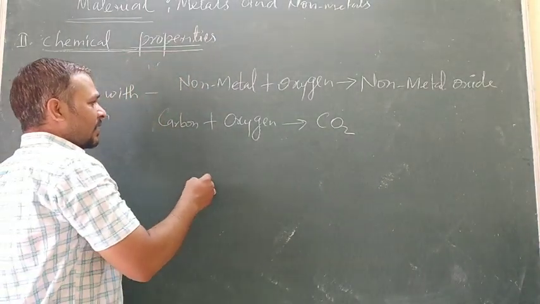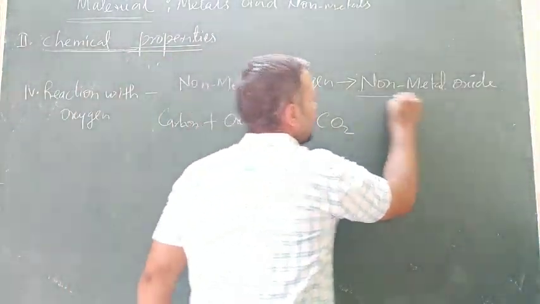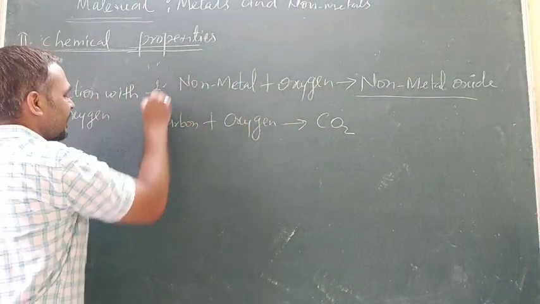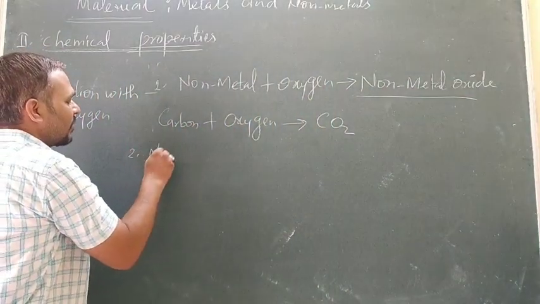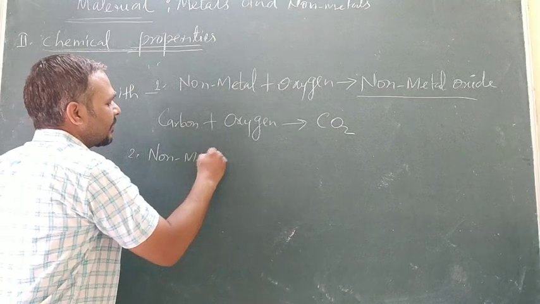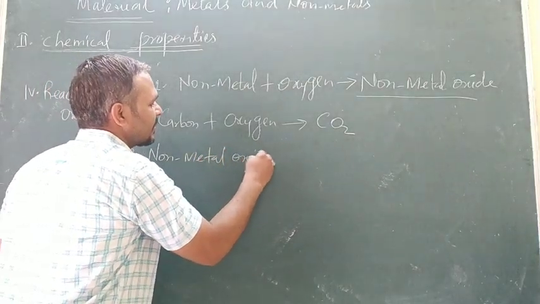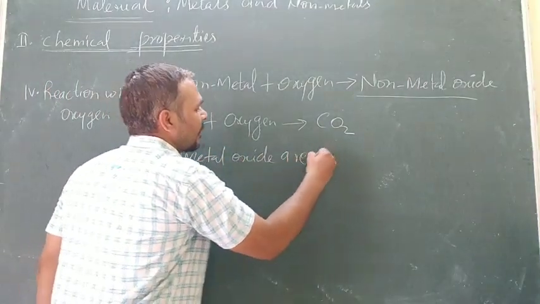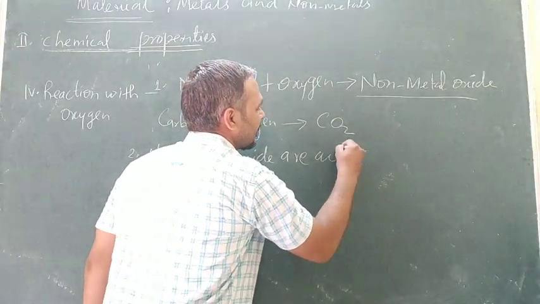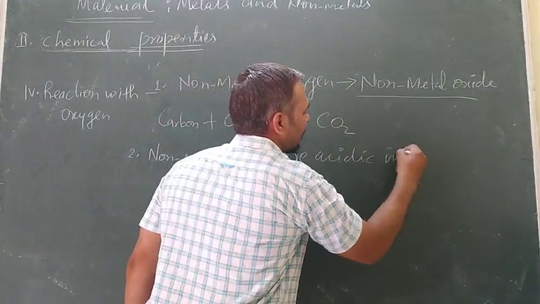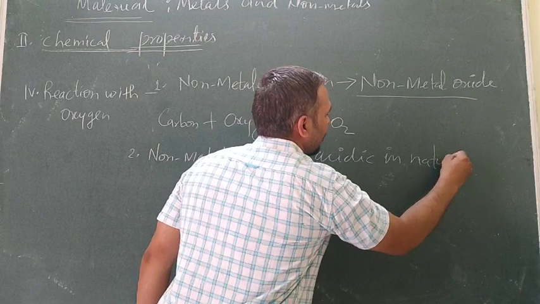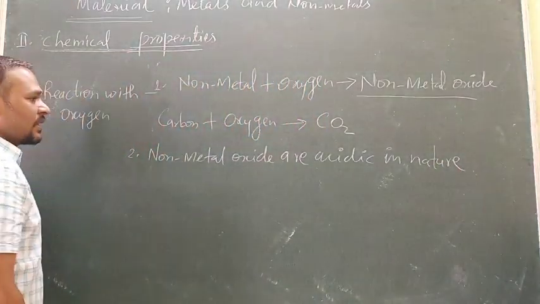Right? Now the next point is that non-metallic oxides are acidic in nature. How are you going to prove it?